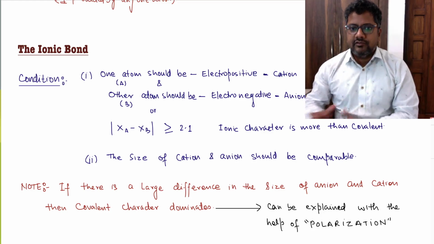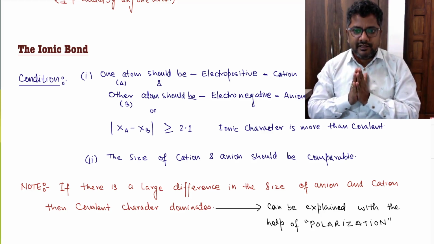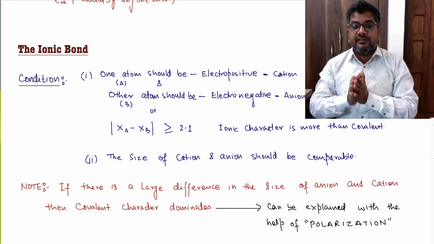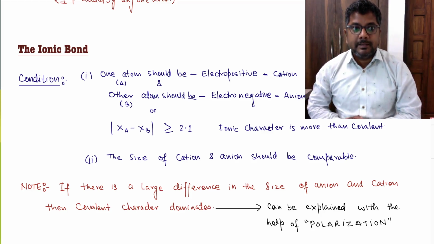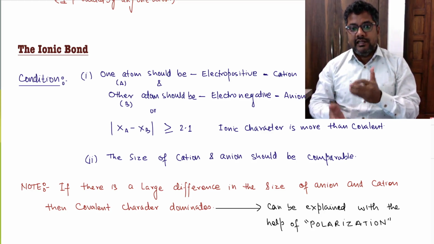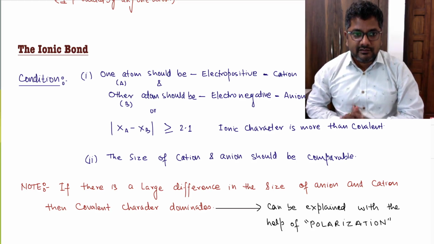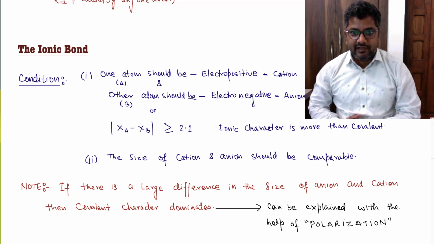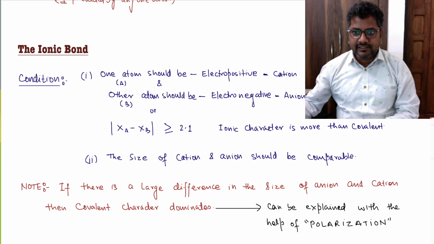So now you have two conditions, and both conditions should be satisfied independently. It is not that any one condition can be satisfied and you will get the ionic bond, right?